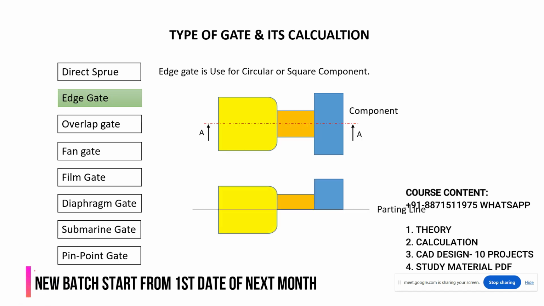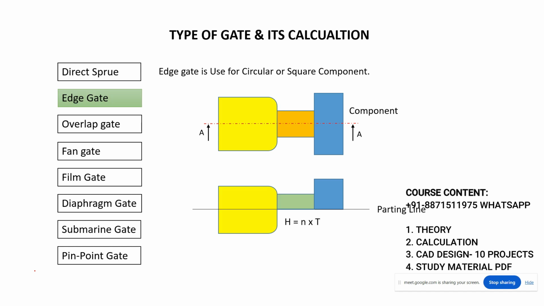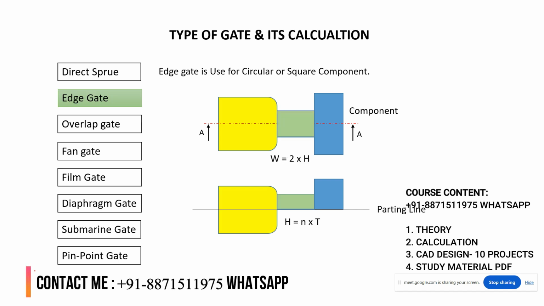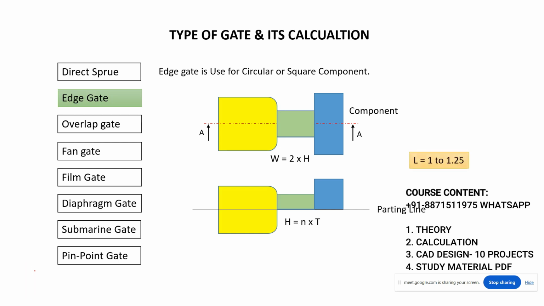These are the parameters. This is showing the height, and this is showing the width, which is about 2 multiplied by h. Here this is the L, which we can take 1 to 1.25. So if the component weight is less than 15 gram, we can select the edge gate.